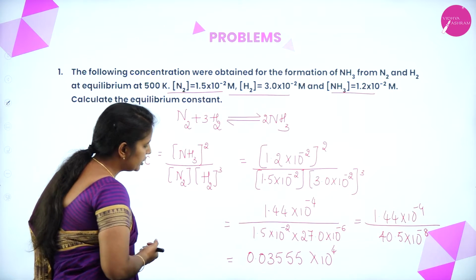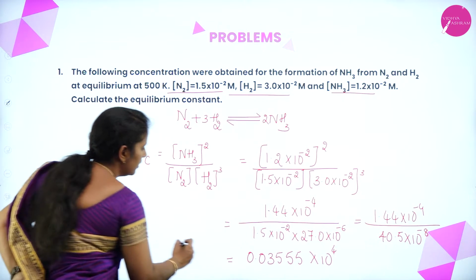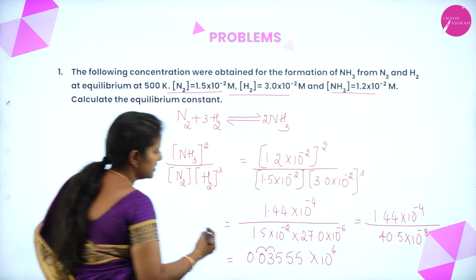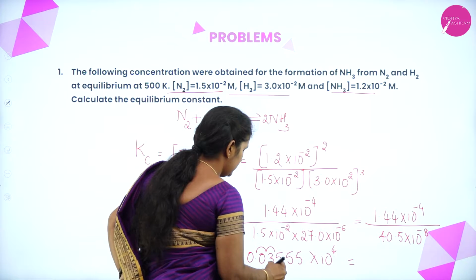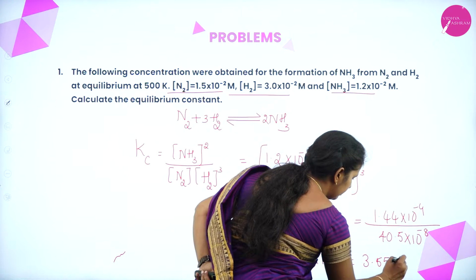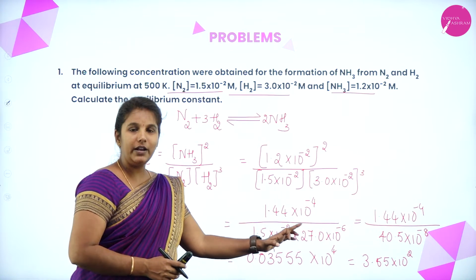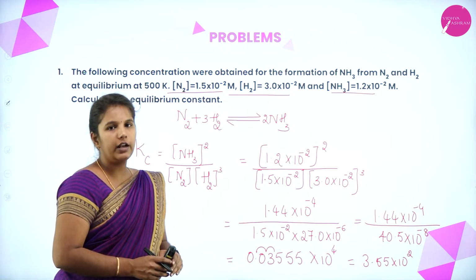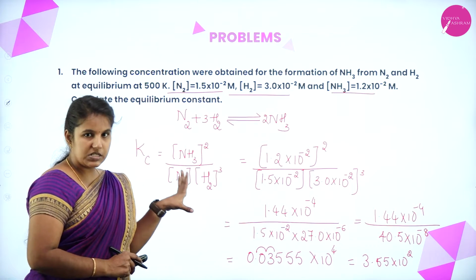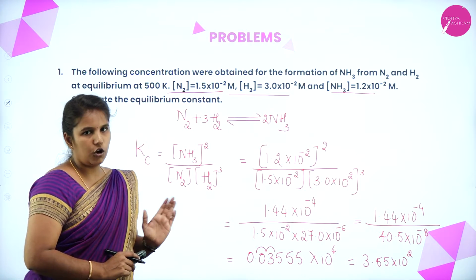Now, I can shift this point and rewrite this as 3.55 into 10 to the power of 2. This is how we will do the calculation. It is a simple calculation to calculate the equilibrium constant.